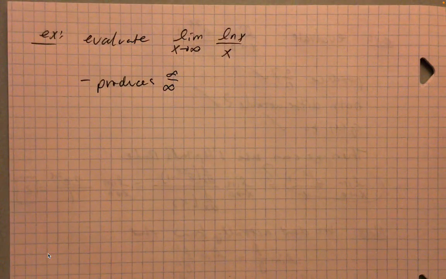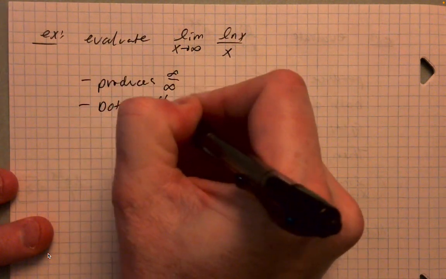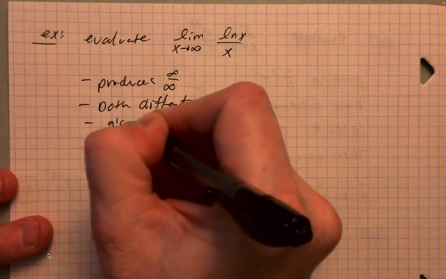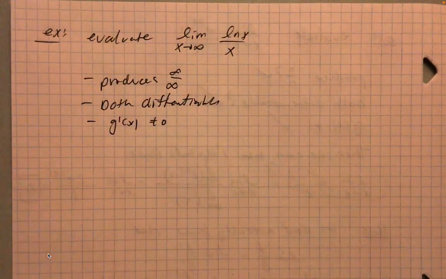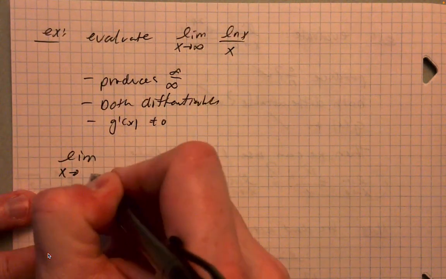We know that these are both differentiable, and that g prime of x is non-zero. We can see all of these things just by looking at it, so that means we can use L'Hopital's rule. Let's plug that in and see what happens.